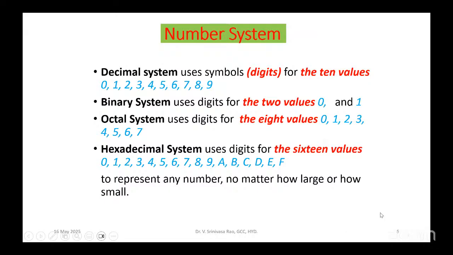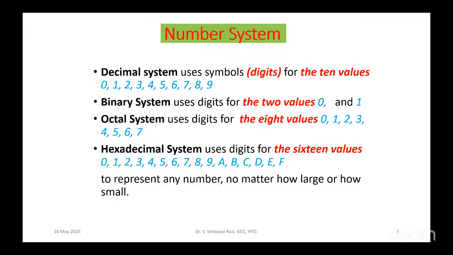So see here, number system. First is the decimal system, which uses symbols. Symbols are nothing but digits, for 10 values.